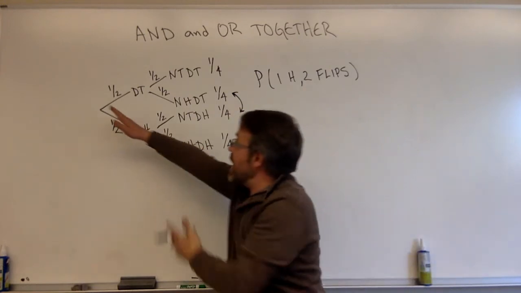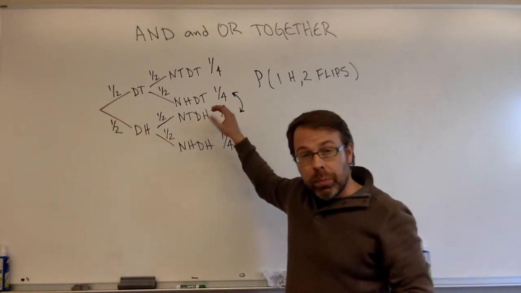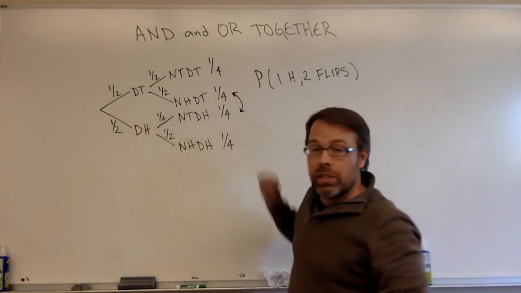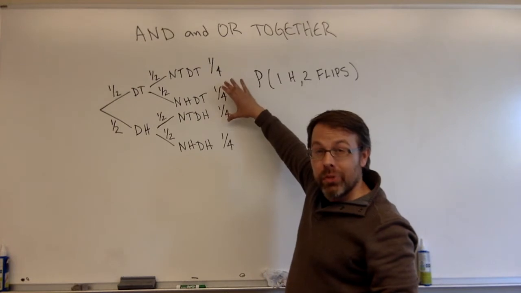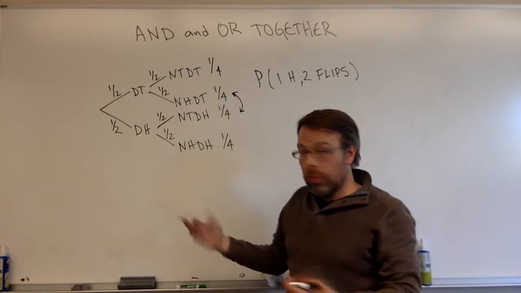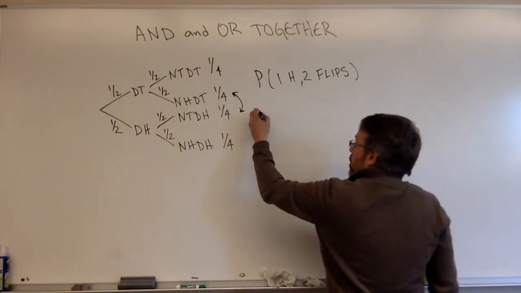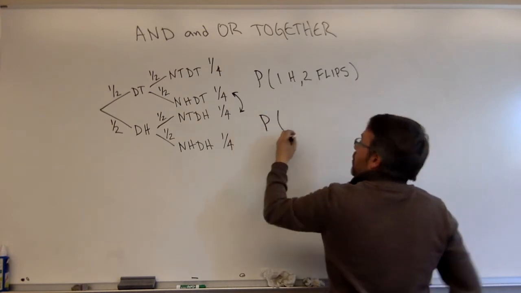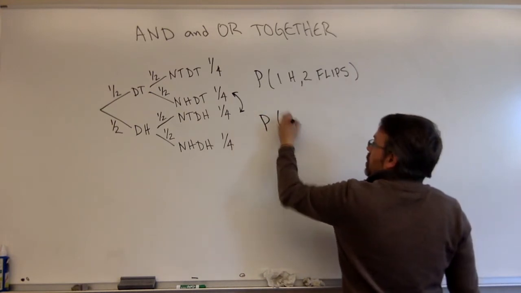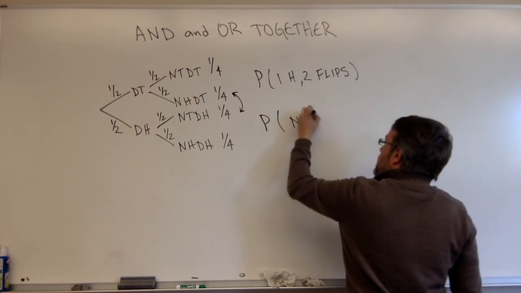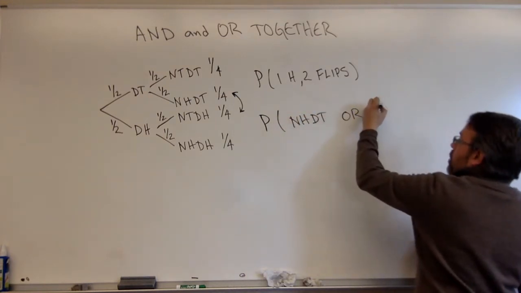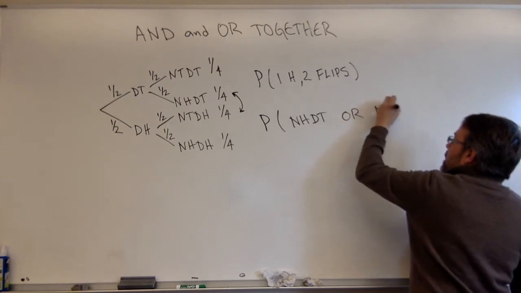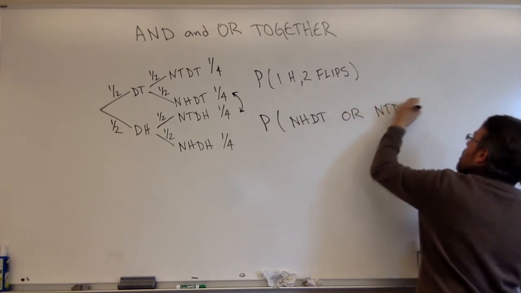So we used AND, multiplied through, to get each different path. But now if we want to get the total sum of these 2, now we're going to use OR. Right? Because what we're doing is the probability of NH dT or the probability of NT dH.